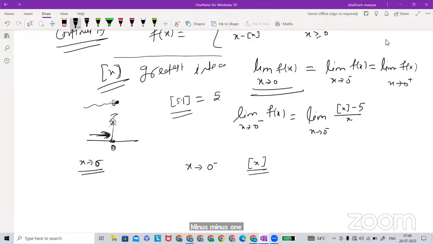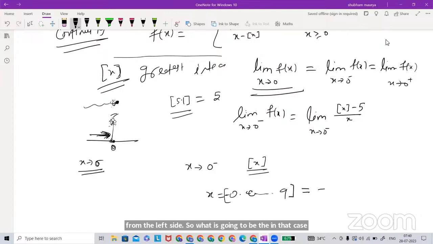As x approaches very close to 0, let's assume x is equal to -0.00001, or -0.009. It is actually close to 0 from the left side. So what is going to be the greatest integer in that case? -1.